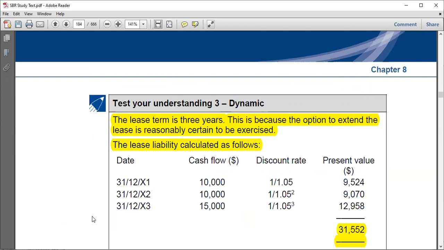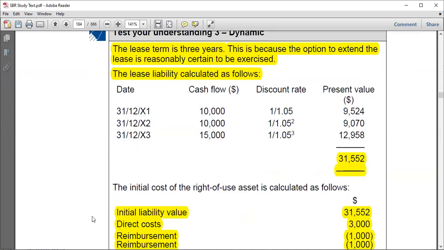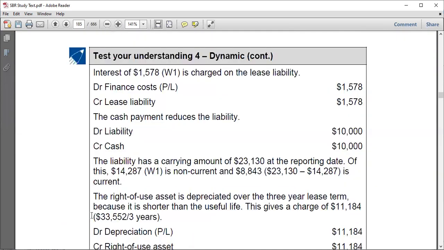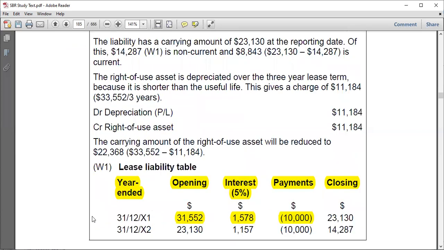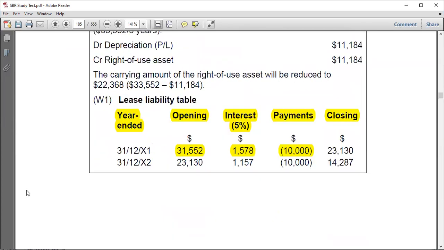So these are the cash outflows, and so they directly relate to the payments. So let's just go here. This figure here plus interest would increase liability, then less payments, you would arrive at 23,130, just like this. And then this is the closing balance of year one, it becomes the opening balance of year two. That's why it is totally copied, just like I demonstrated.